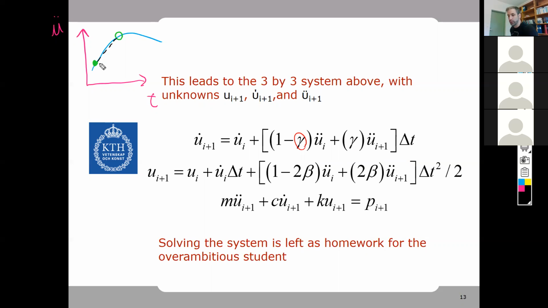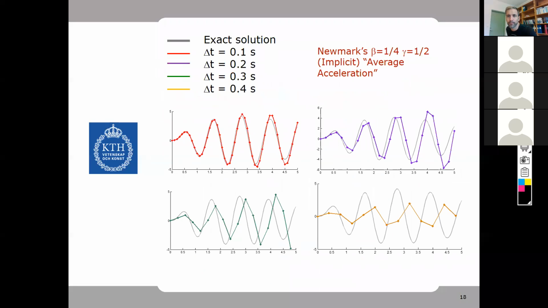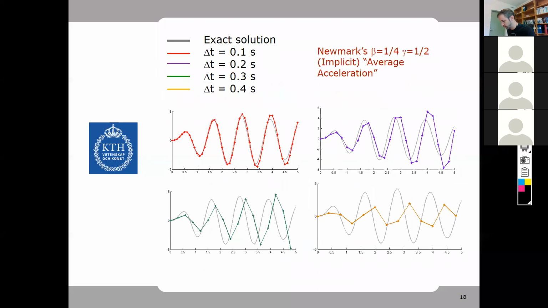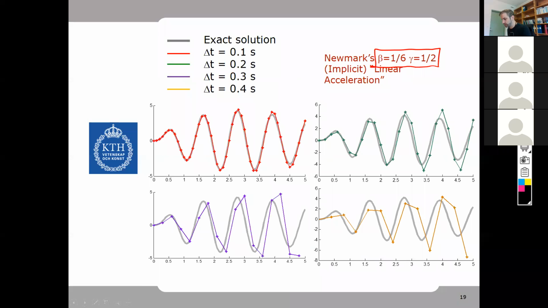So those are the two values that we're going to use, and those are the two values that you see being used here. These values result in the average acceleration and these values result in the linear acceleration assumptions.